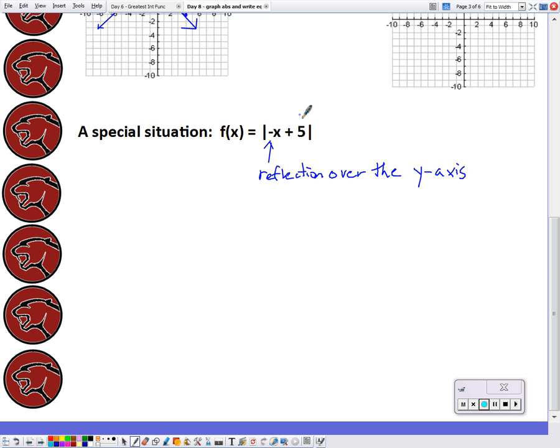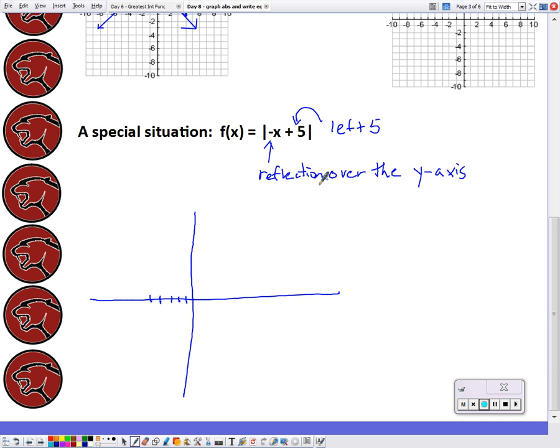Okay. So normally we see this plus 5, we think to ourselves, okay, this graph went left 5. You can imagine left 5 would be 1, 2, 3, 4, 5, and have a vertex here, and it would come up with a slope of 1 on each side, slope of 1 and negative 1.